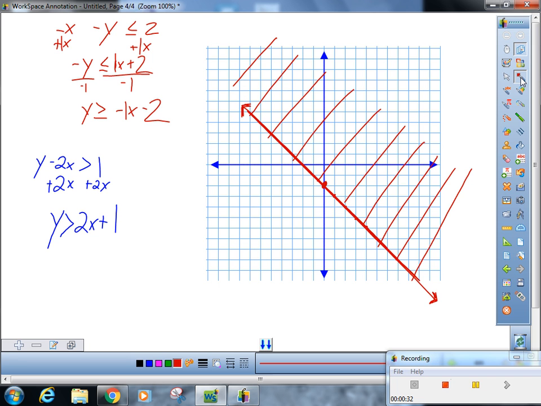Switch over to blue. That has a y-intercept of +1 and a slope of +2. This line is dashed.